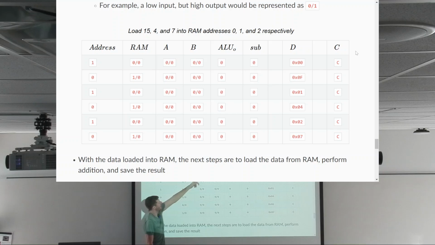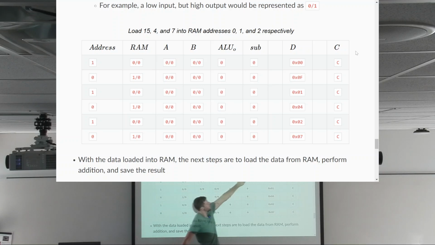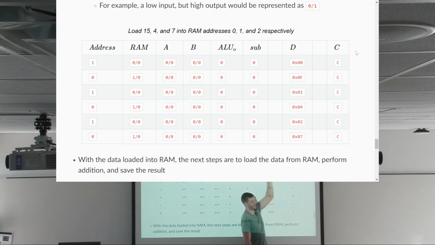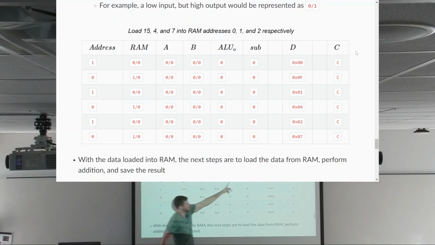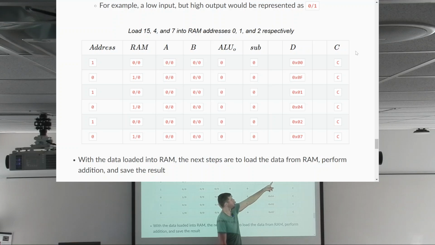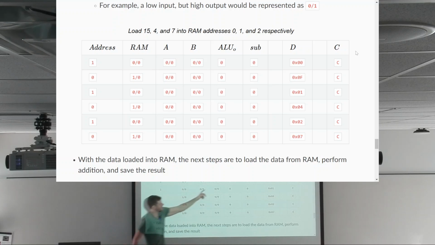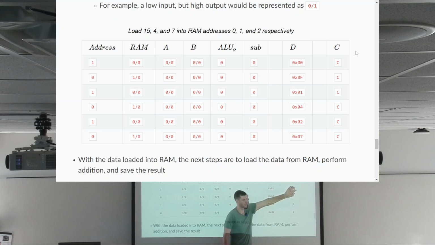RAM input, output, A input, output, they're all low. And we want to load in 0 into the address register, clock pulse. Now we know 0's in the address register, so it goes low, input high, nothing, nothing, nothing. I want to put in 15, clock pulse. Address high, nothing else. I put in 1, clock pulse.